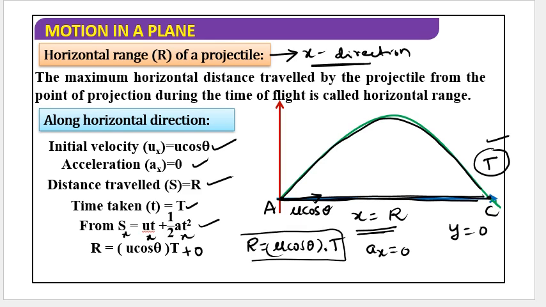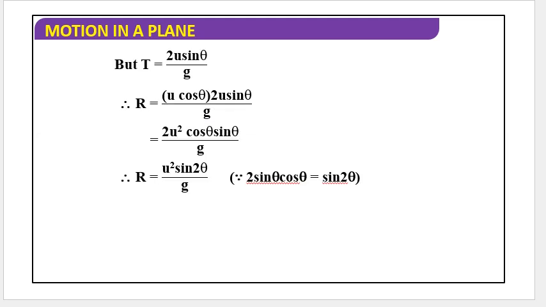So please remember this formula, my dear children. Range is equal to u cos theta into t. Already you know very well, t means 2u sin theta by g. Substitute this value in the place of t, that is equal to u cos theta into 2u sin theta by g.